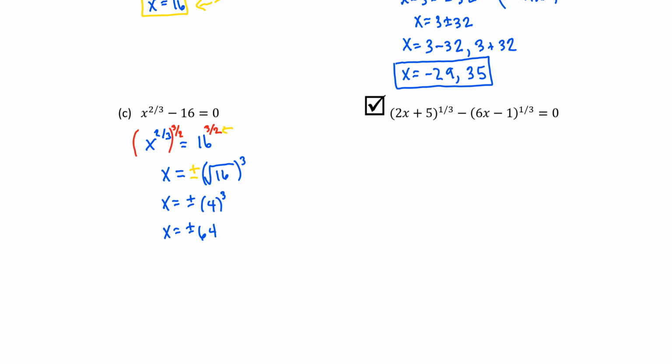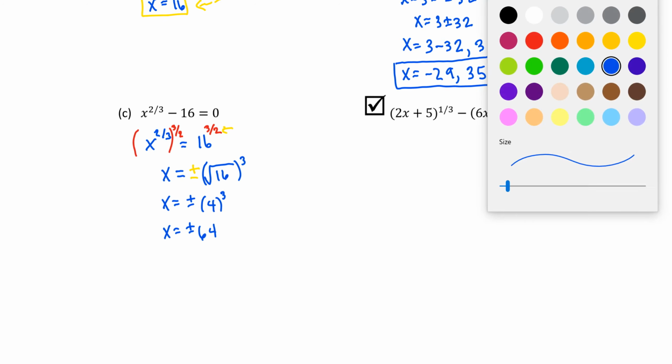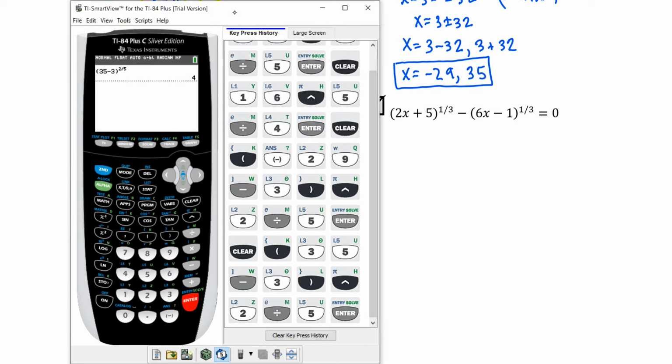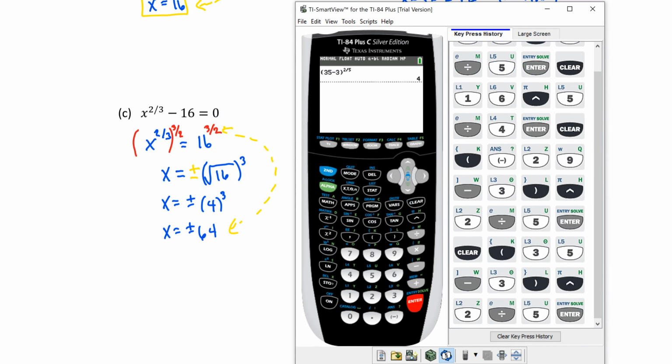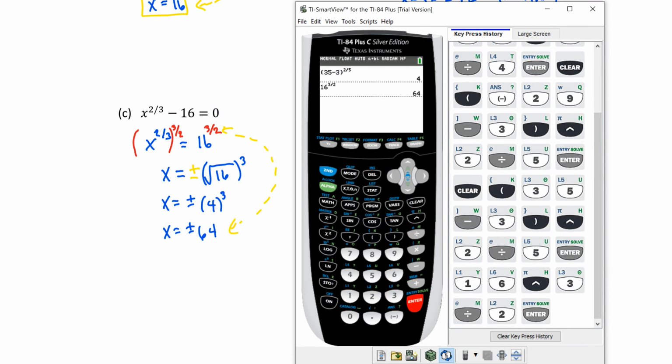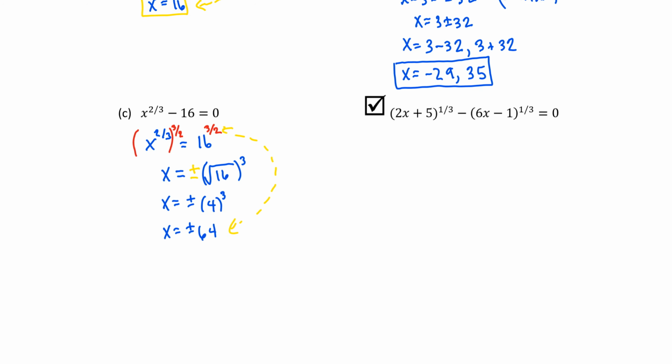But again, remember, as I said earlier, don't panic, because we can go straight from rational exponent to value using our calculator. So I'm going to type in 16 raised to the 3/2 power to verify we do get 64. And because we have the plus or minus, we still need the plus or minus there.